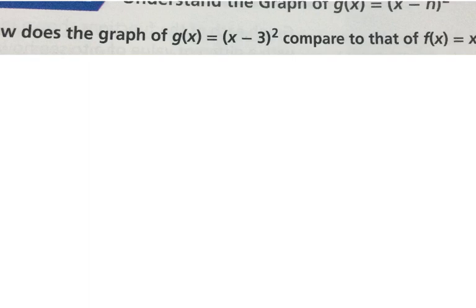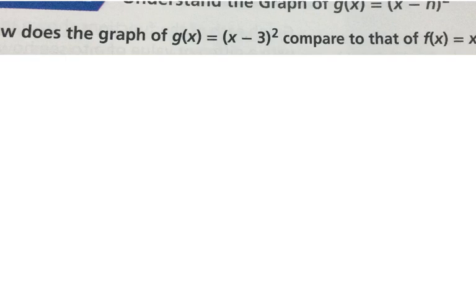So if I plug in a 0 for x, well 0 minus 3 is negative 3. Negative 3 squared is positive 9. Now if I plug in a 1, 1 minus 3 is negative 2.